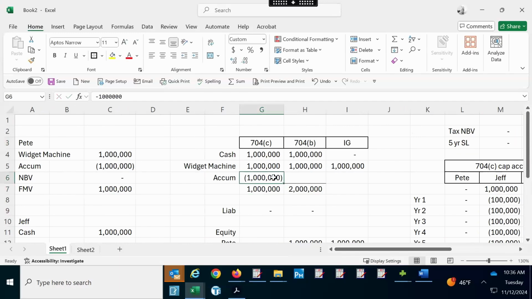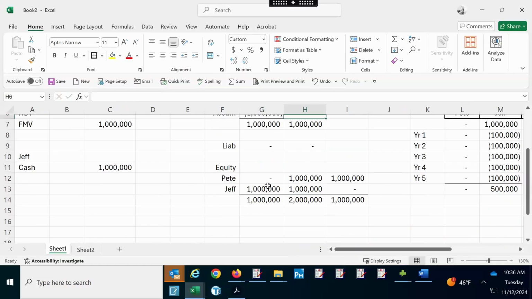And we have 0 basis for 704B because we've run it out. We've done all the special allocations. And Pete's capital account is, I'm going to just say it's 500,000.